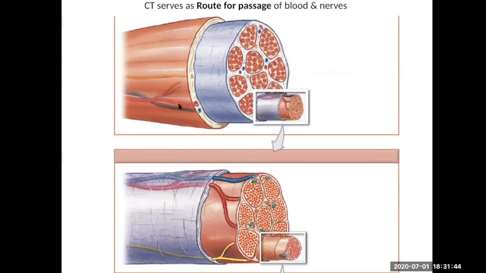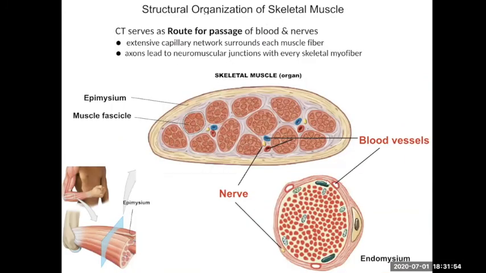You can see these blood vessels penetrating through your epimysium, and then you can see them all through here, penetrating through the perimysium, and then the capillaries will go out and penetrate and reach the individual muscle cells themselves, right? So those blood vessels, as well as the nerves, are going to be running through all that connective tissue to get to the actual cells, right?